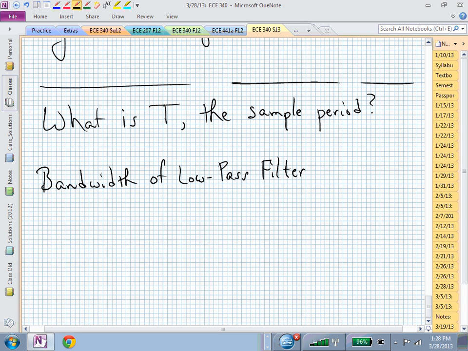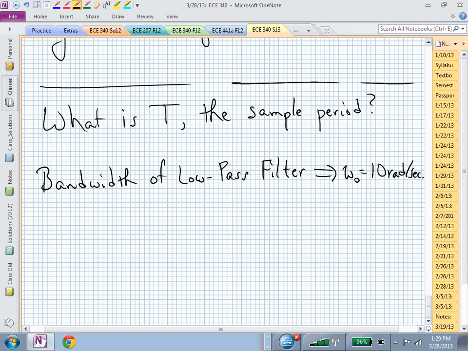Where'd that come from? Well, if you're following along, you know that's just the poles of your system. That's just H of s. But now the bandwidth of this low-pass filter is the radial distance away from the origin of those poles or those eigenvalues. And that's 10.